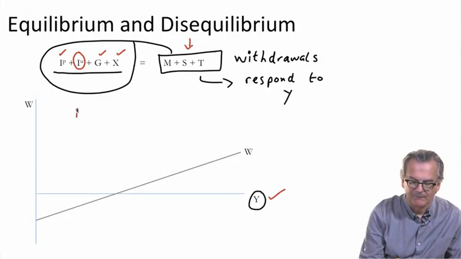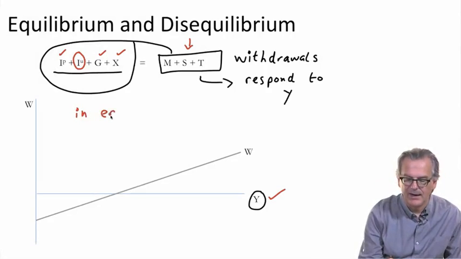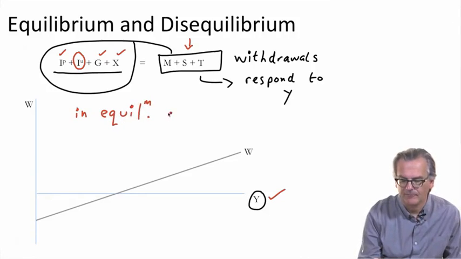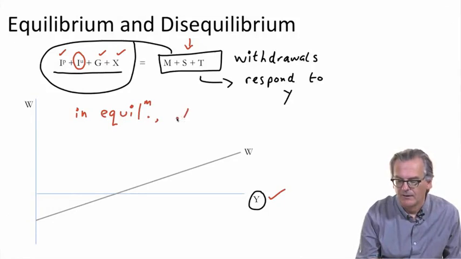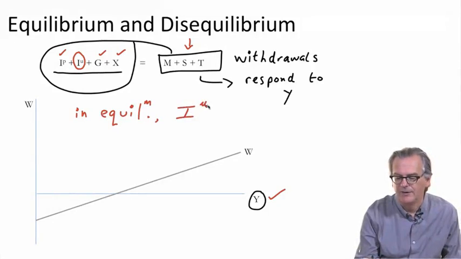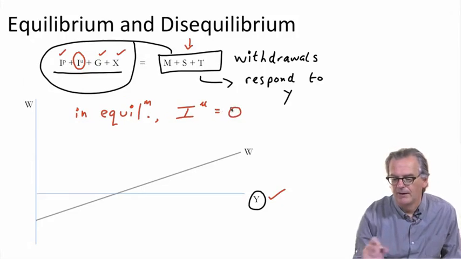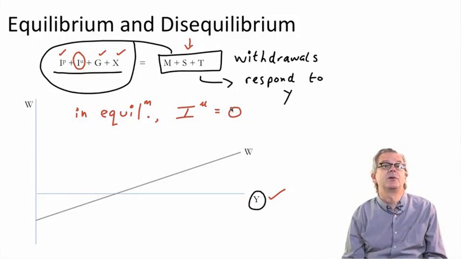So that in equilibrium, I'll just write it like that, unplanned investment has to equal zero. There are no surprises, firms are not experiencing any unexpected changes to inventories.